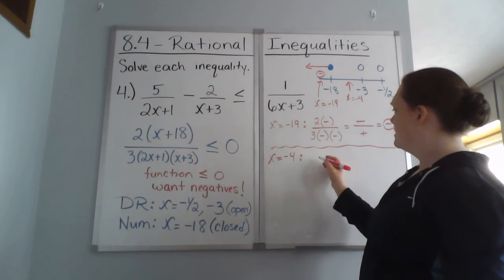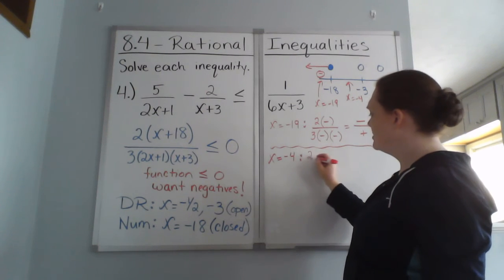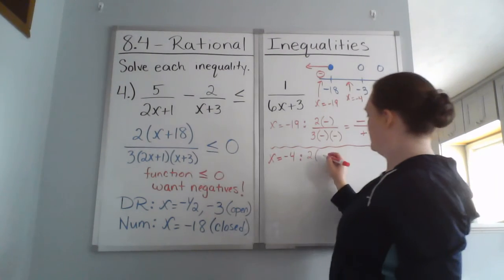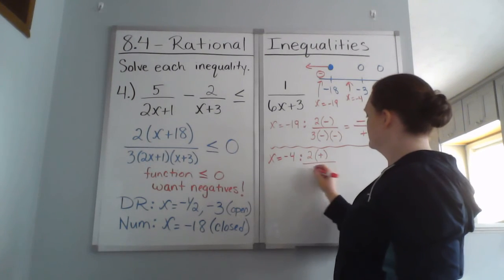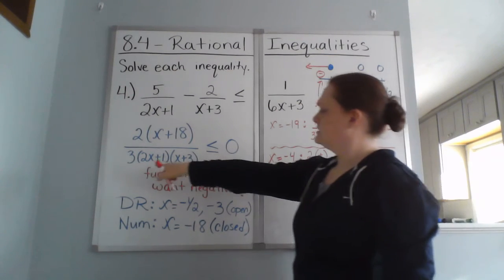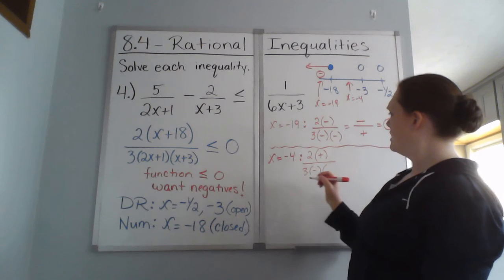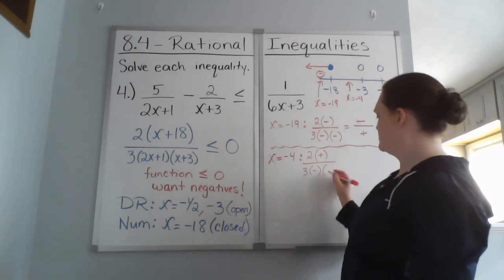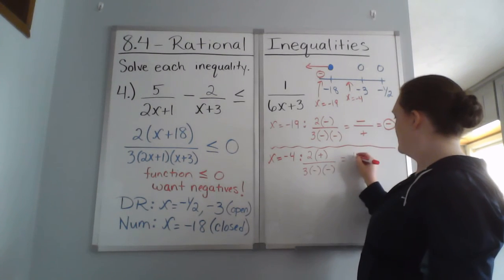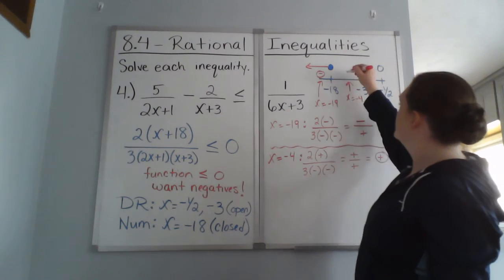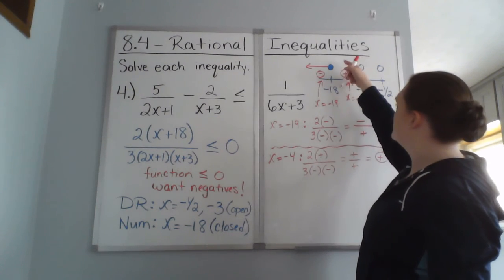So I'll continue to write them, but they're not really necessary. If I plug negative 4 into this, I get a positive. Negative 8 plus 1 will be a negative, and negative 4 plus 3 will be a negative. I get a positive over a positive, positive overall. Positive, no bueno. Don't keep those.